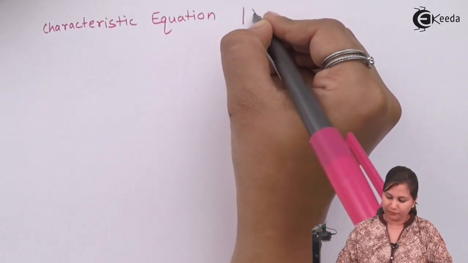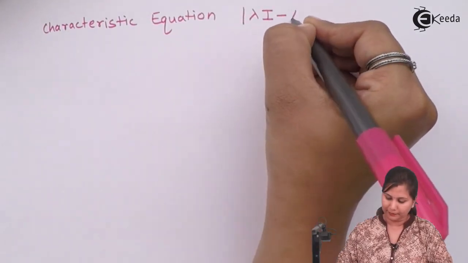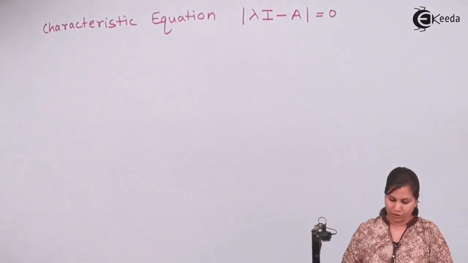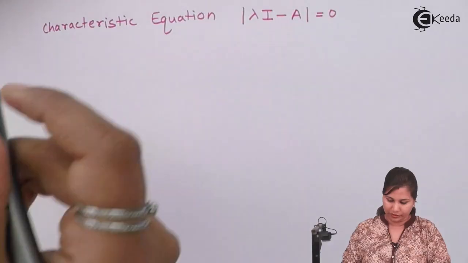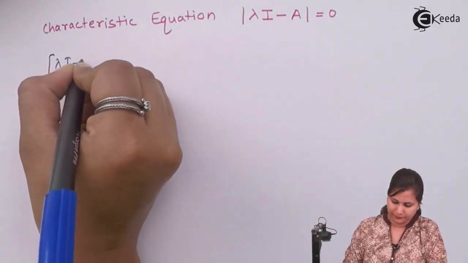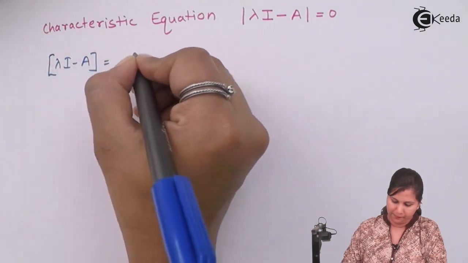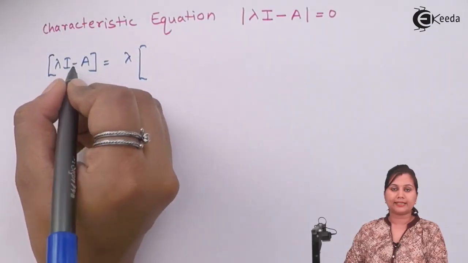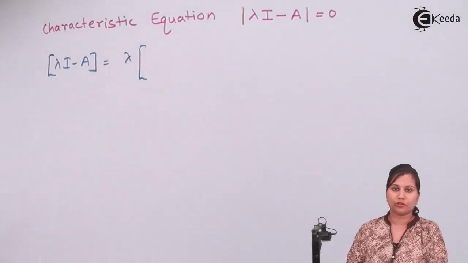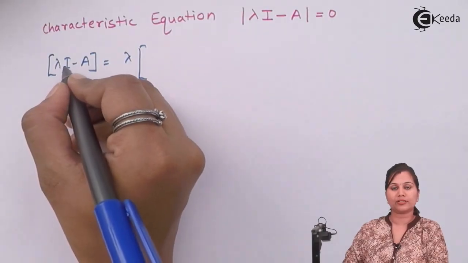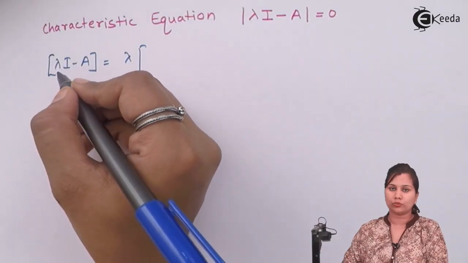The characteristic equation is given by the determinant of lambda I minus A equals 0. Because the A matrix is a 2 cross 2 matrix, we take the identity matrix I also as a 2 by 2 matrix.